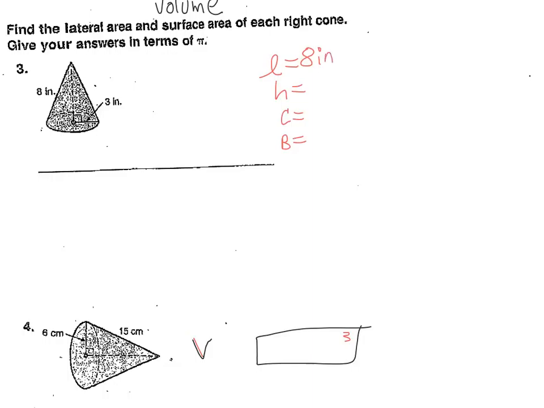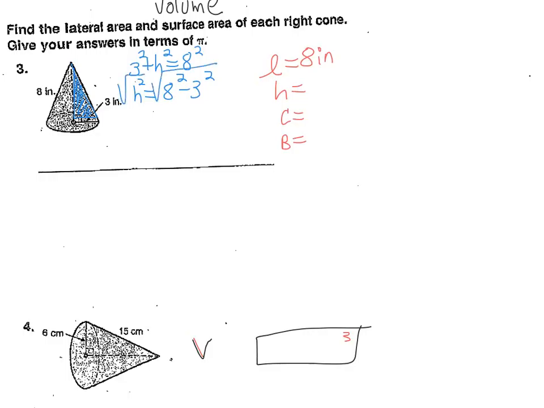To find the height, let me draw. This is a triangle that we have to look at. So 3 squared plus the height squared equals 8 squared. And then you simplify. So h squared equals 8 squared minus 3 squared, because you move the 3 squared to the right, and then you get the square root of that.